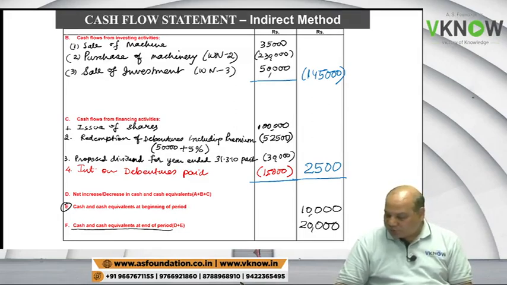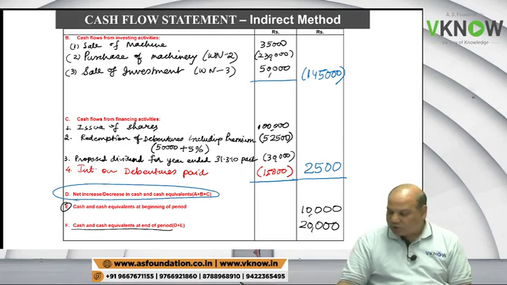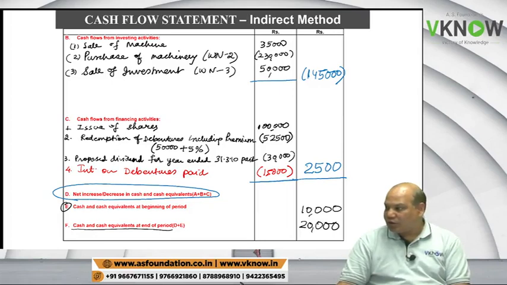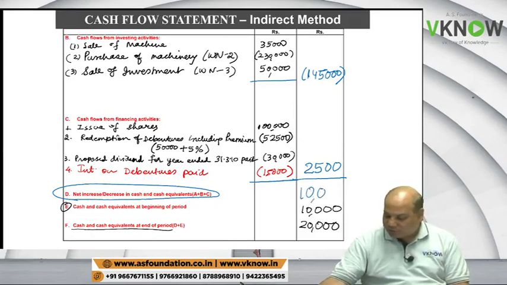And now please tell me, what is the net decrease or increase in cash and cash equivalent? Moonrise is right. Net increase or decrease. Come on. Add A plus B plus C. 10,000 increase, positive.